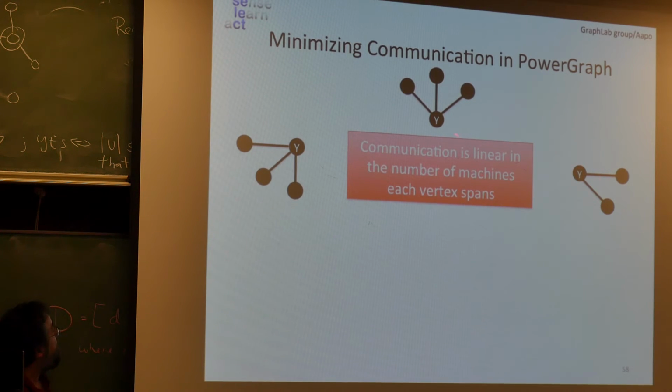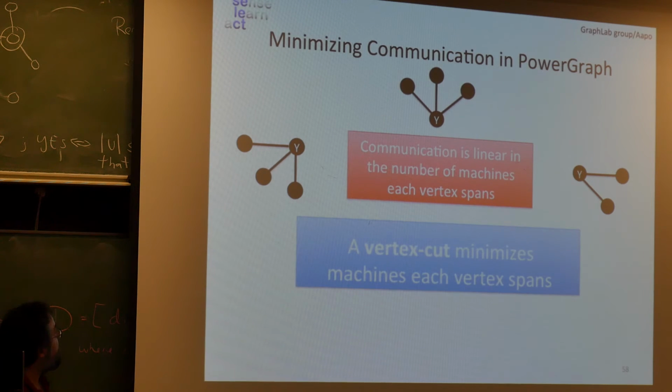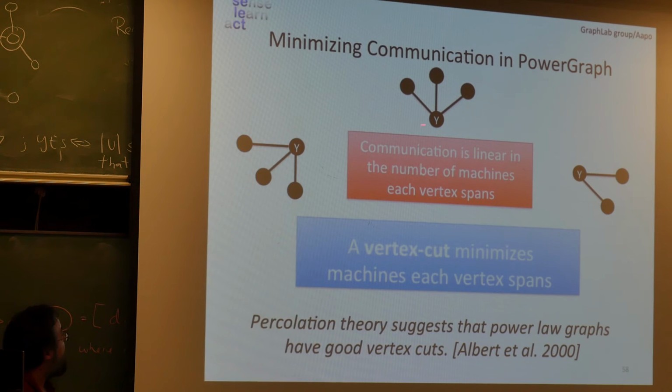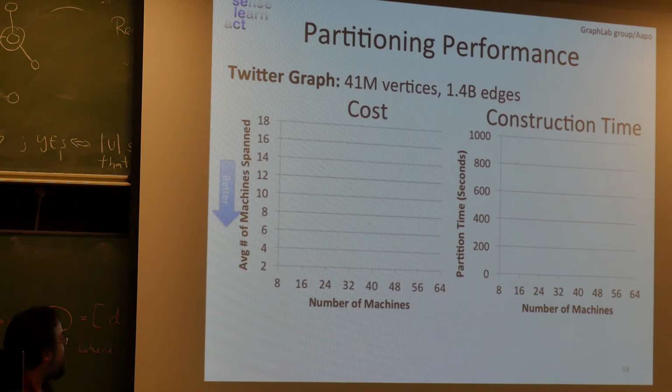So you'd like to have a small number of duplications. This is a graph partitioning problem called vertex cut. It's NP hard, but power law graphs should have good vertex cuts, and there are many good vertex cuts in a power graph.